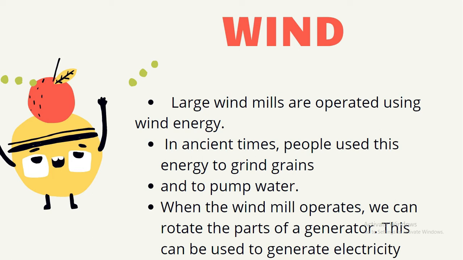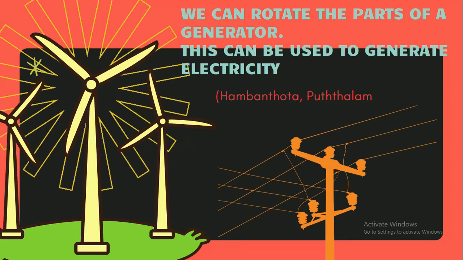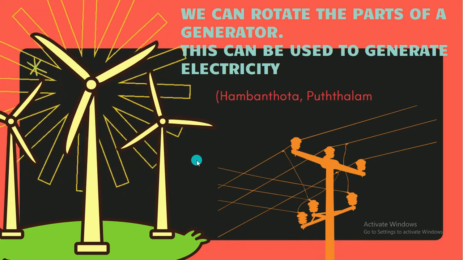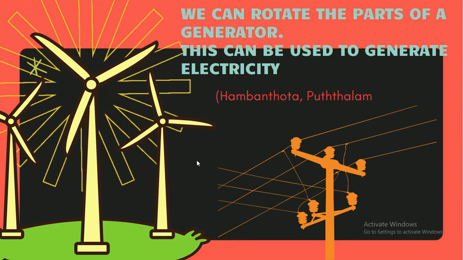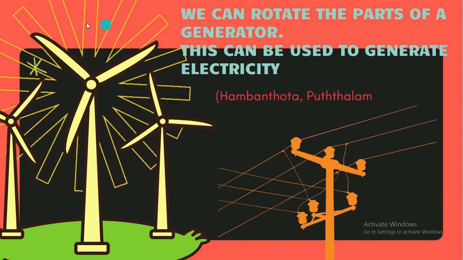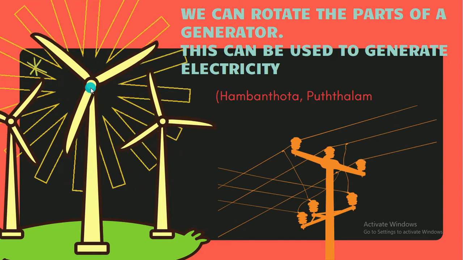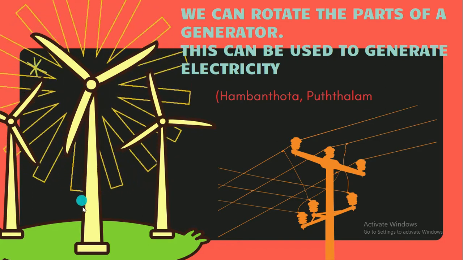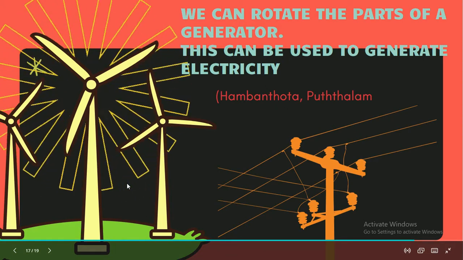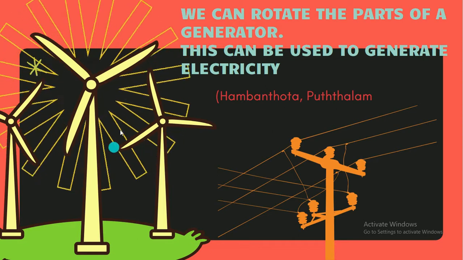Here, this is a simple picture of a fan. These large fans are situated in the areas that have more wind, that have more wind blowing. In those areas these fans are situated.